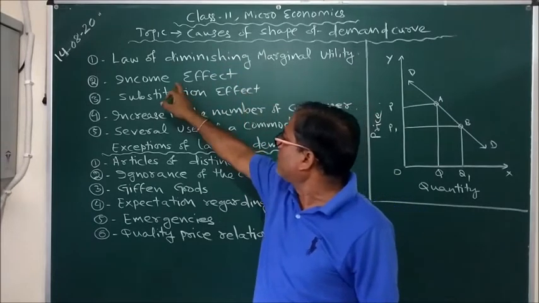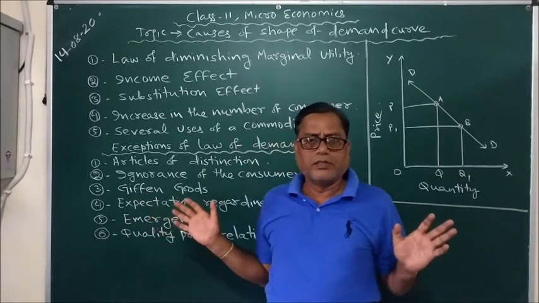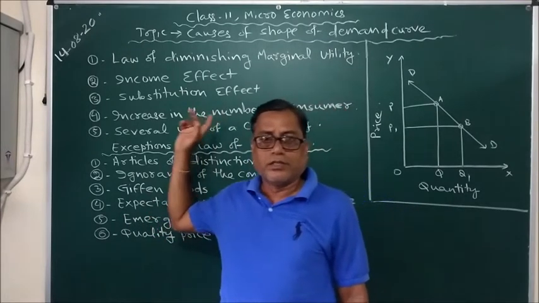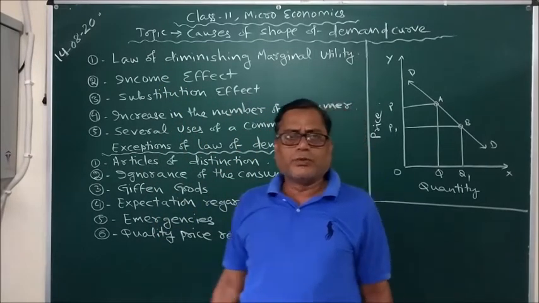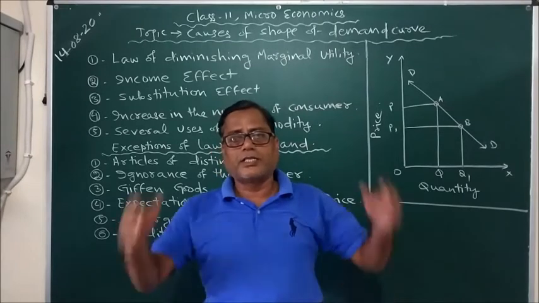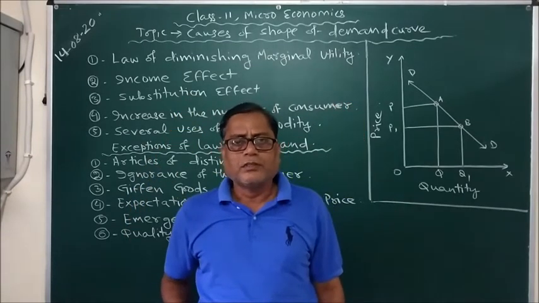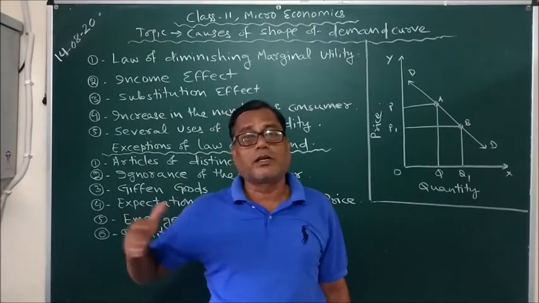The second reason is income effect. It is quite a technical term. That's why try your best to understand the meaning of income effect. So students, you see, when the price of a good falls, then what happens? Actually, the real income of the consumer rises.